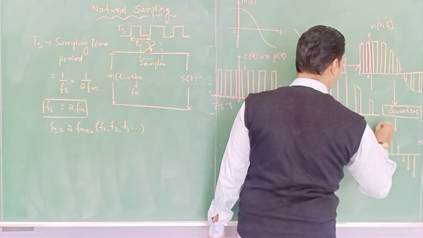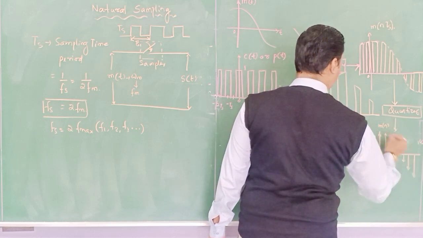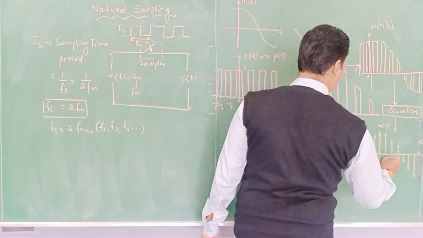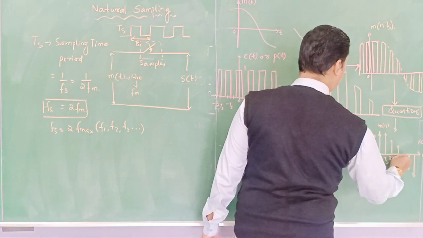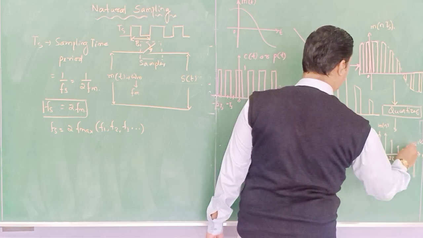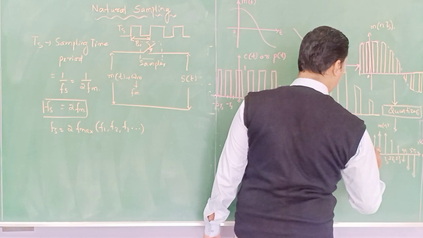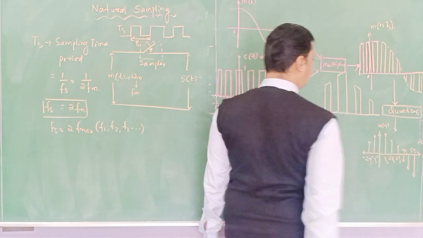Here I will write M of n. This is the n position. This is 0. This is Ts. This is 2Ts. This is 3Ts, 4Ts, 5Ts, this is minus Ts, minus 2Ts.